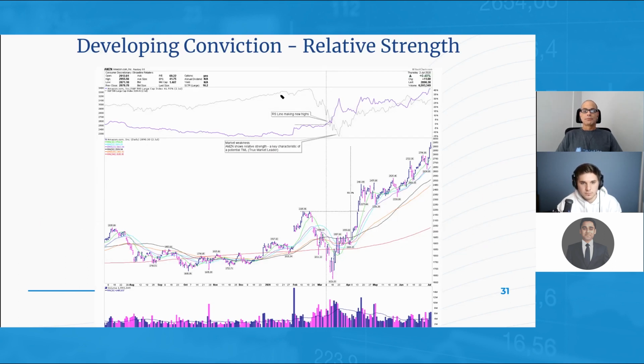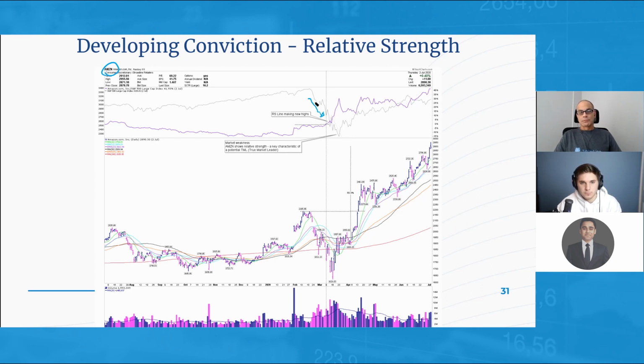In this particular slide, we're going to cover the concept of relative strength, what it means, and why it is that we see this again and again and again in market leaders. The example that we have here is, once again, Amazon. The market enters a downtrend or a correction.